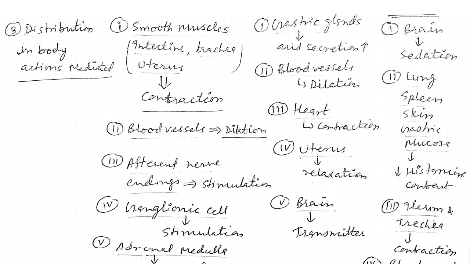We will discuss antihistaminic drugs in two categories: H1 blockers and H2 blockers or H2 inhibitors, because H1 and H2 histaminic receptors are there. So we will discuss drugs which can inhibit both types of receptors: H1 receptor inhibitors and H2 inhibitors.